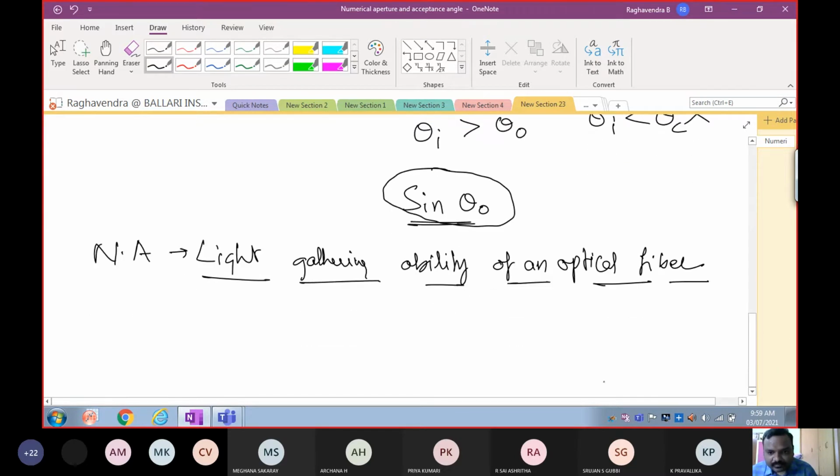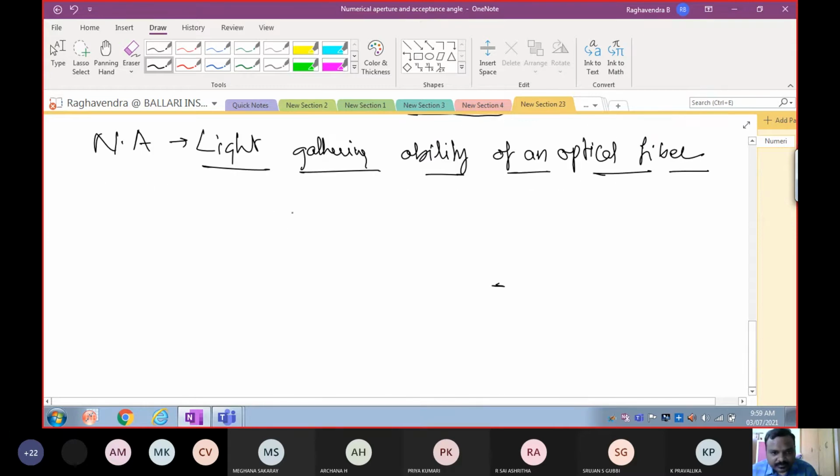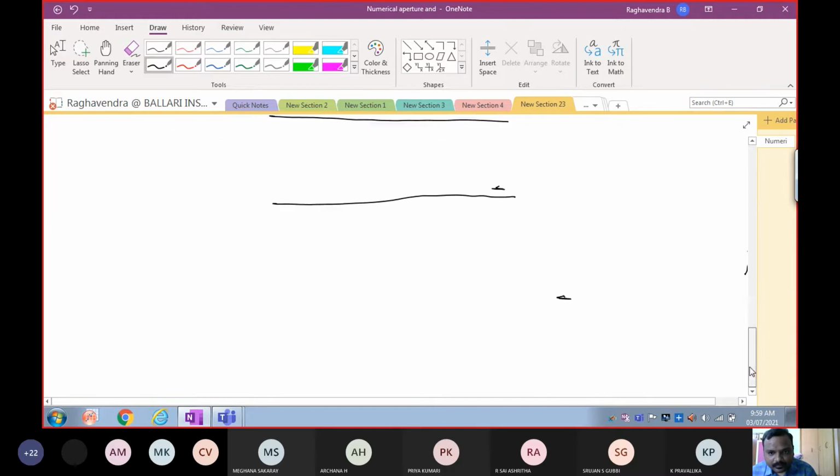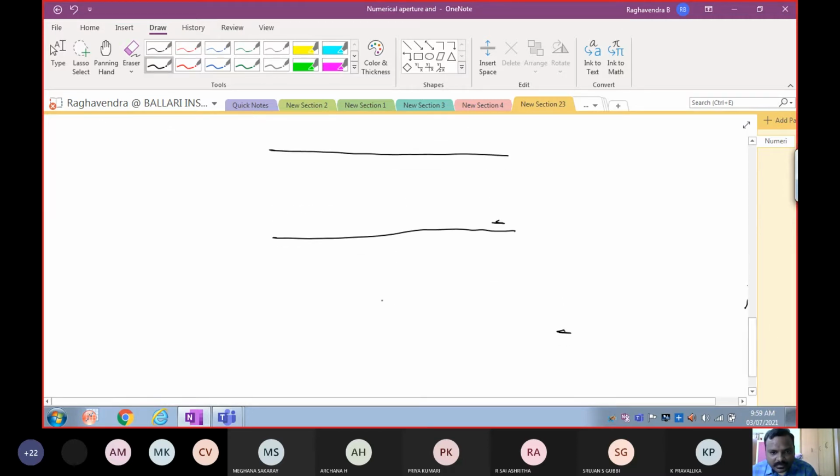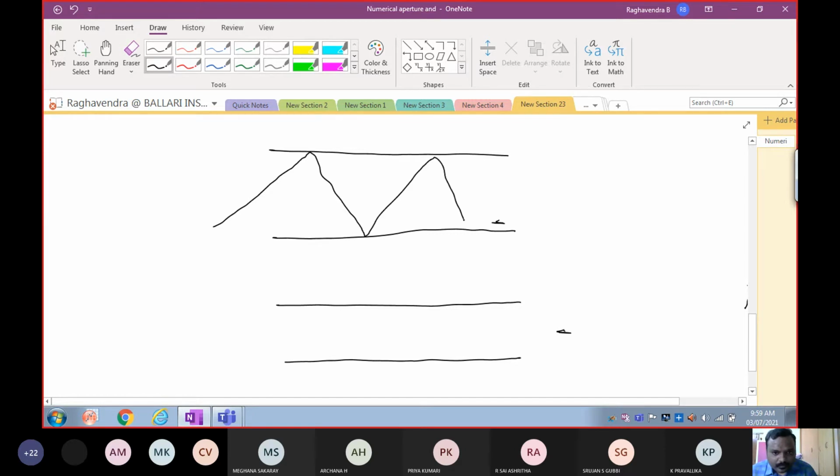Let me show you that. Assume that this is the core part of one optical fiber, and this is the core part of another optical fiber. There are three different types of optical fibers; I will explain it later. Consider this is optical fiber 1 and this is optical fiber 2.